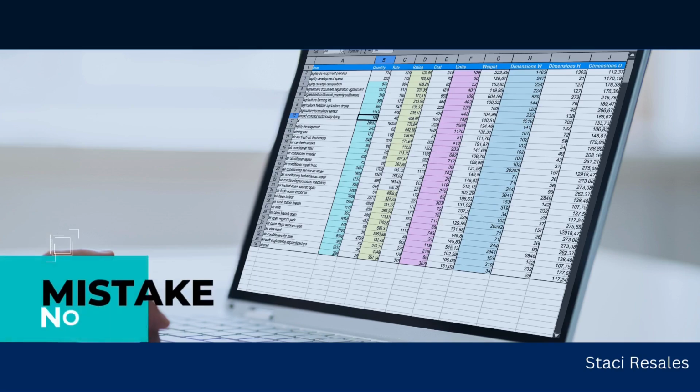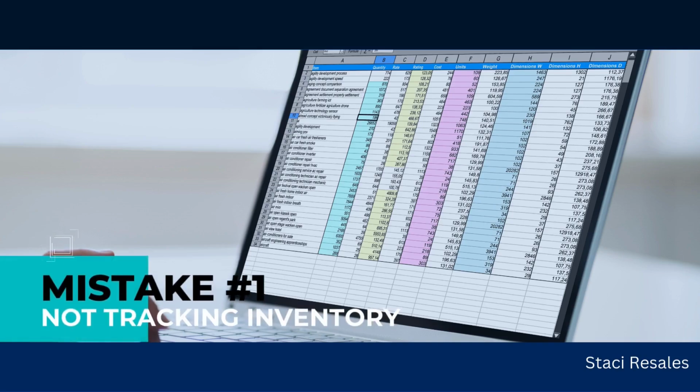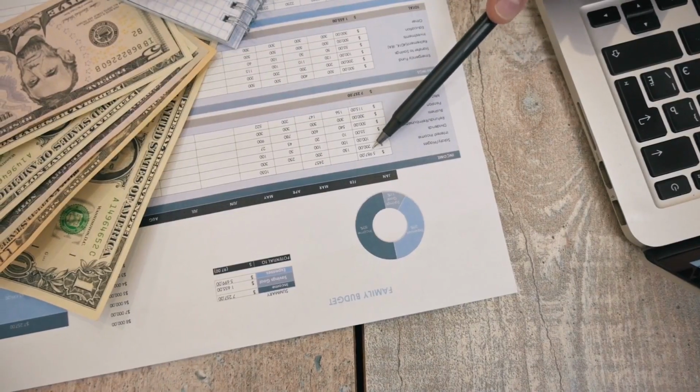So first up, not tracking your inventory. There are multiple ways that you can go about tracking your inventory. You can be down at the individual item level and then have the cost associated with that individual item, where a location is for that item, or you can do it more at a total level.